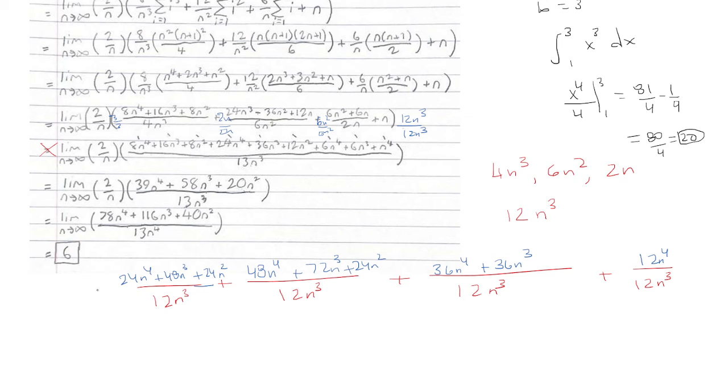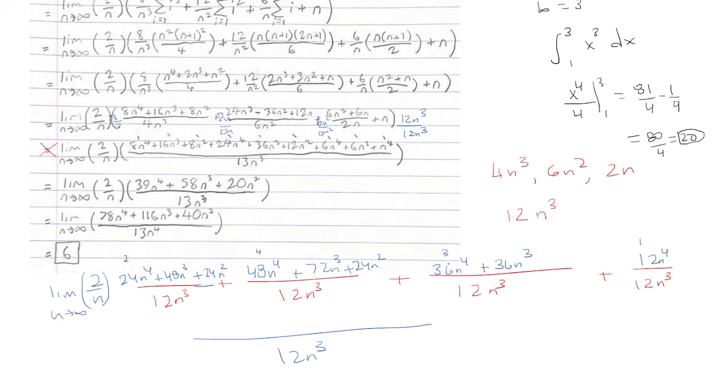Of course, you still have the 2 over n and the limit as n approaches infinity. We know that this is going to be all over 12n cubed, and then we just add. Starting with the n to the fourth, we see there are multiples of 12 here. To make this easy, you can think of this as 12 times 2, 12 times 4, 12 times 3, 12 times 1.